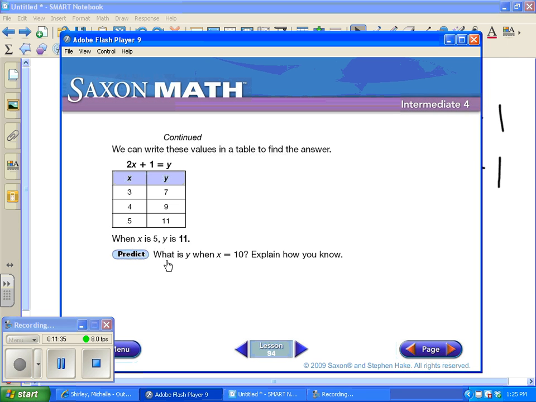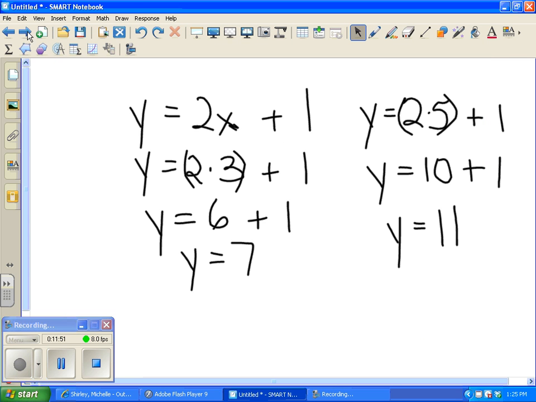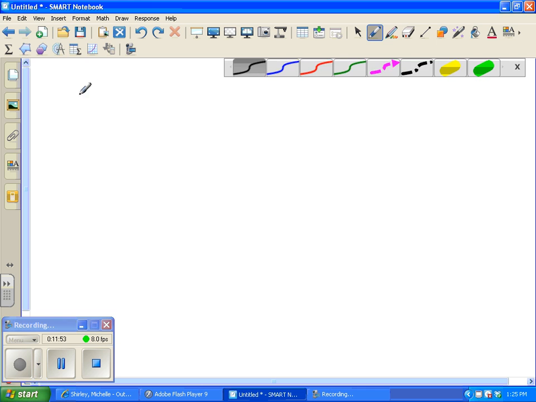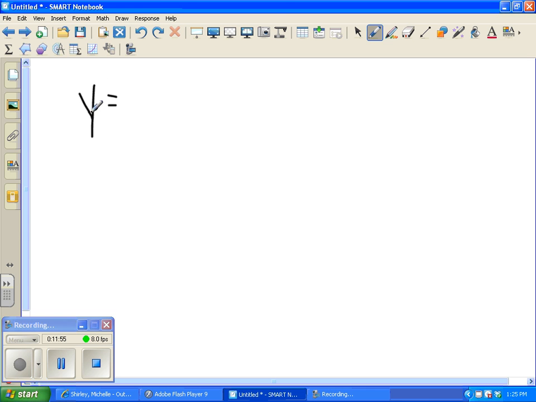Okay, here's a quick one. What is y when x equals 10? And explain how you know. And to explain, you would actually have to work it out. So if I do 2x plus 1 equals y, I'm going to go ahead and write the problem again. It doesn't matter if I put y equals at the beginning or if I do it at the end.